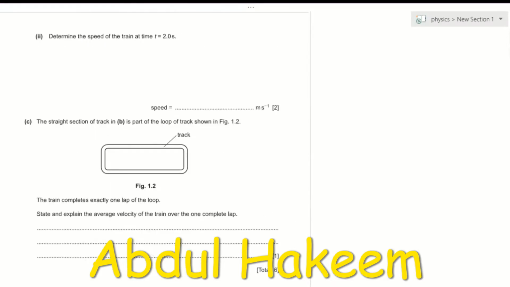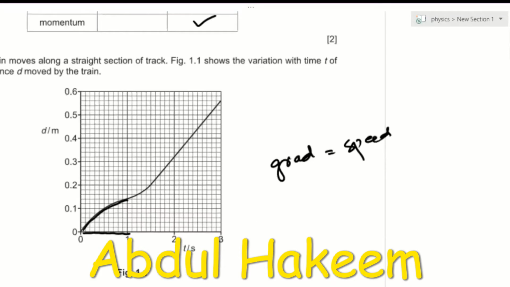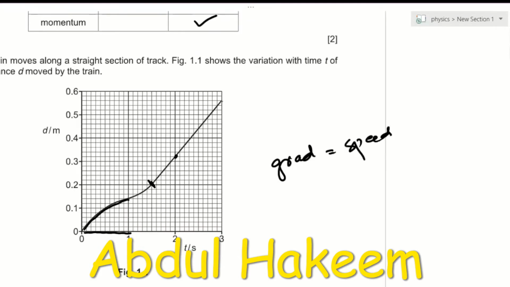Next, determine the speed of the train at time 2 seconds. At 2 seconds, look, this is the point, and it's a straight line from this point to this point. So the gradient of this straight line will give you the speed. The gradient is equal to the change in the y-axis divided by the change in the x-axis.